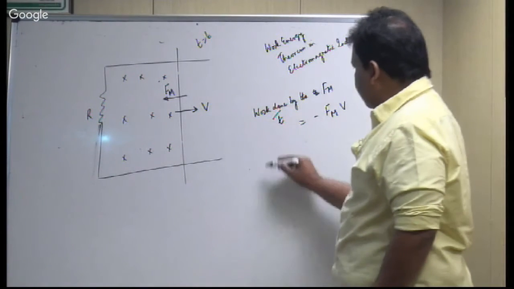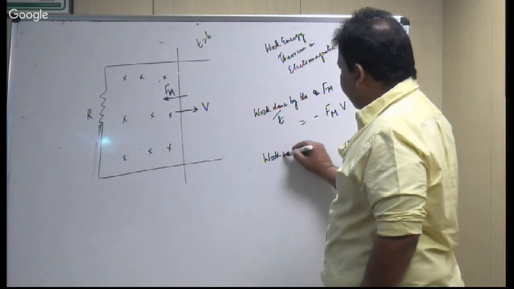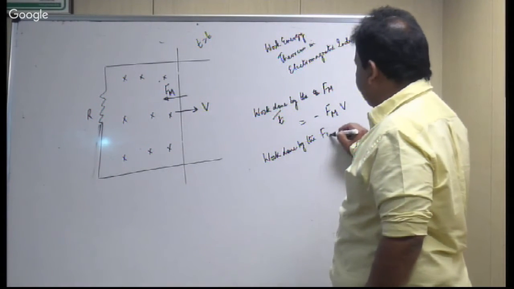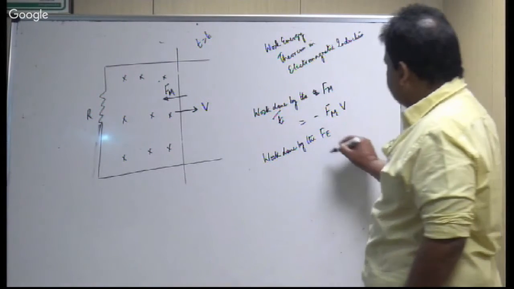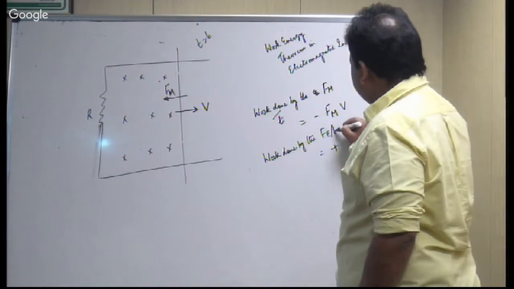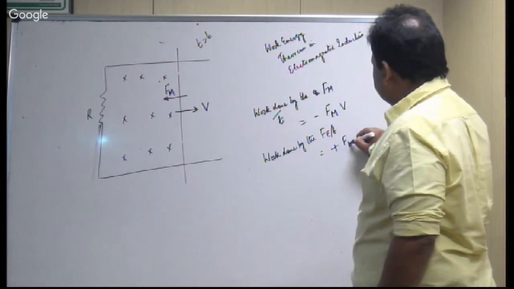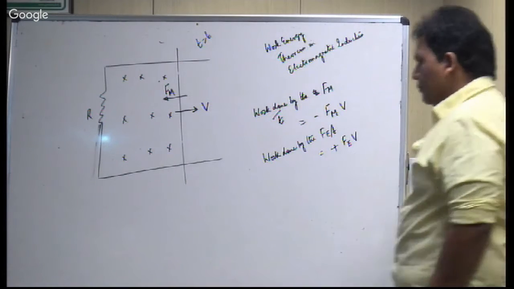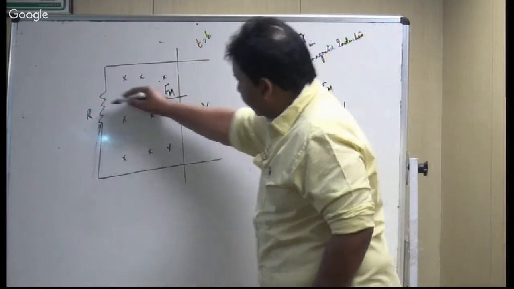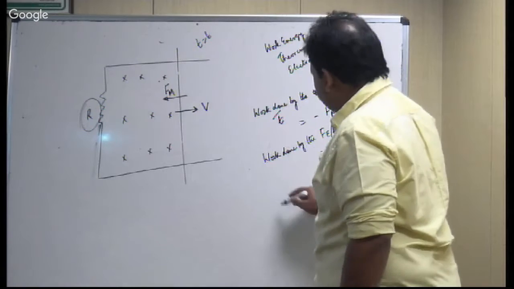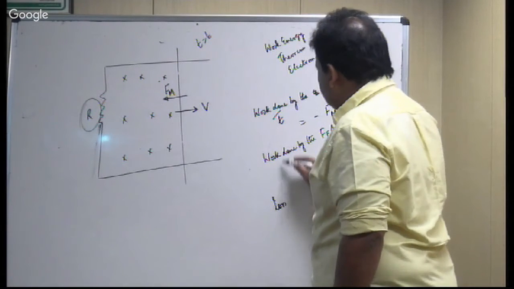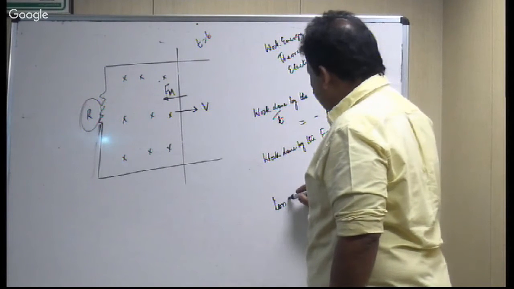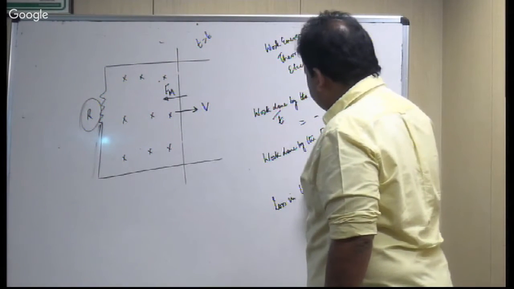Now let me find out the work done by the external force, Fe. What will you write? Work done per unit time. There is another loss here. That means loss of work or loss of energy or loss of power in the external resistance.